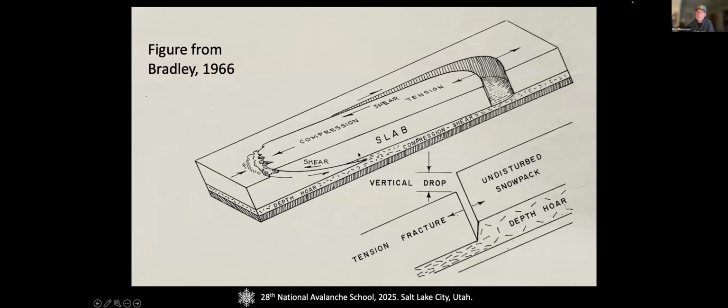Other people had very good reasons for why they thought shear was the dominant mechanism. But it's just kind of neat to go back to some of this old literature and see that there was this push and pull back in the 1960s before most scientists fell on the side of that initial crack propagation being in shear. But it's neat to go back and look at some of Charlie's old stuff.